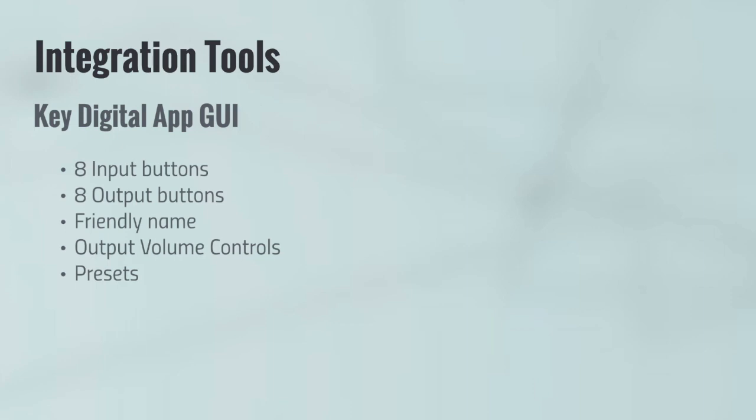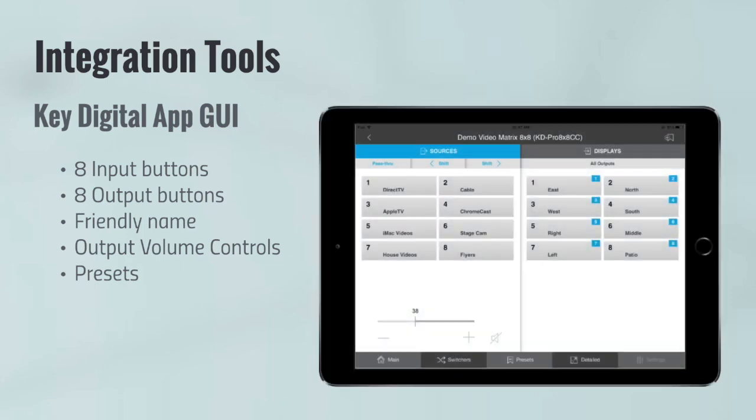And if you're not using Compass Control Pro, you also have a built-in control interface through the Key Digital app. The KD app gives you friendly naming of the 8 inputs and outputs, all set via Key Digital management software, and you have output volume control with discrete level set on the slider, plus and minus, and muting toggle on the muting icon.